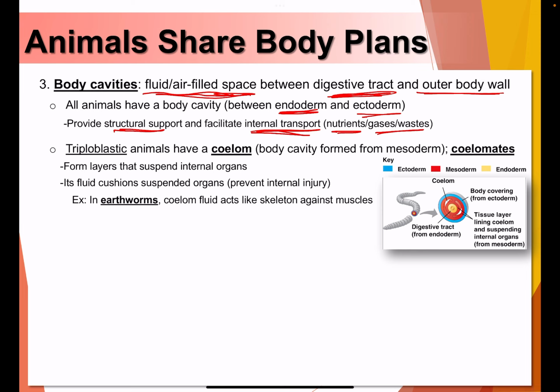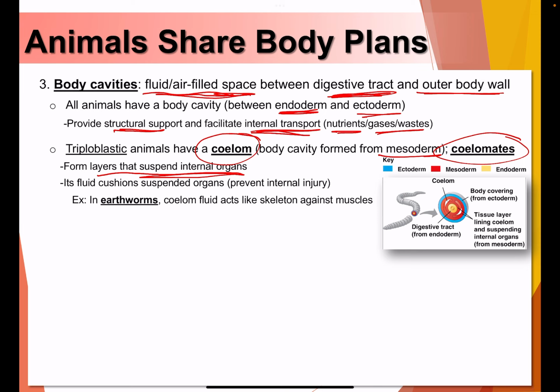So triploblastic animals have what's called a coelom, which is a body cavity formed from the mesoderm itself. Those that have a complete coelom we call coelomates, another term for these triploblastic animals with a coelom. And it is the coelom that forms layers to suspend internal organs, because you have this huge hole, in a sense.